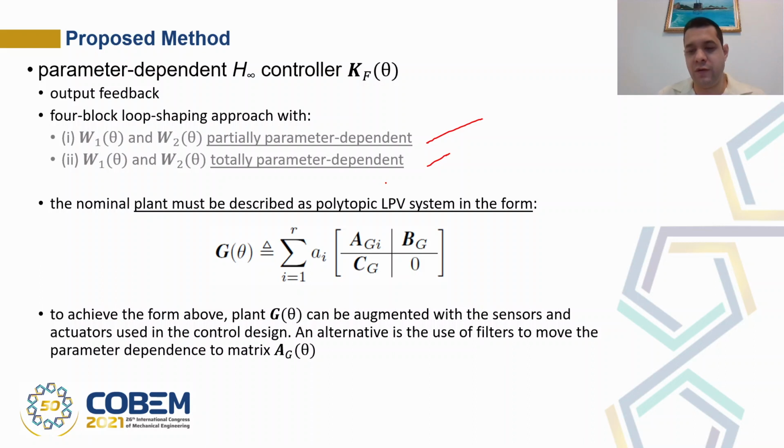The use of one or another will depend on the design requirements of the problem. In both cases, the plant must be described as a polytopic LPV system and must have matrix D equals 0 and matrix A as parameter dependent.